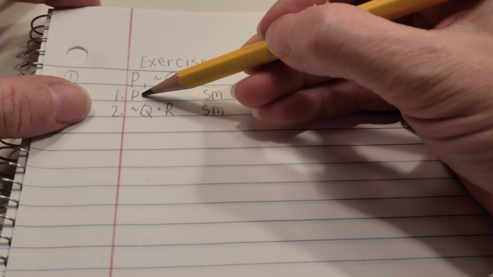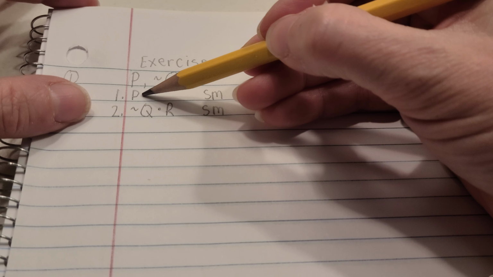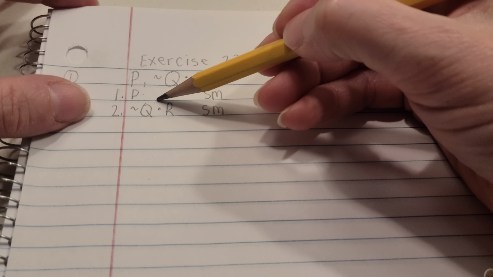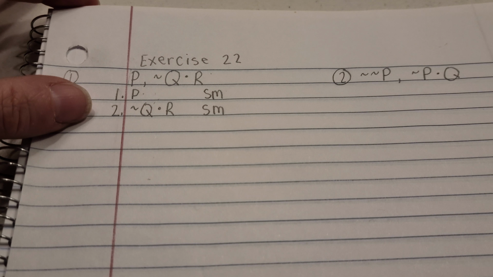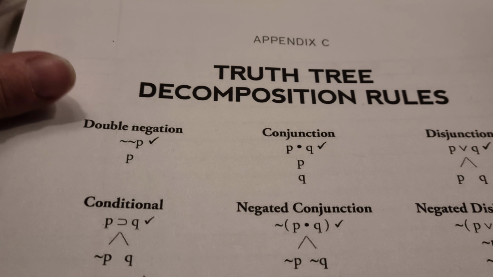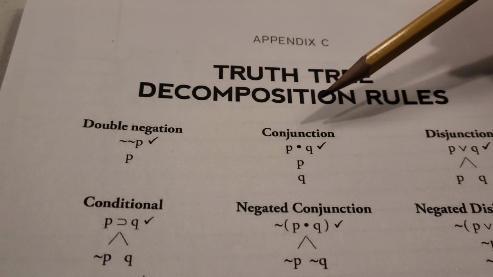Now, P is already decomposed as far as it can go, so I don't have to do anything with it. Number 2 is not decomposed, and that's what I'm going to have to decompose. If we look at our rules over here, it is a conjunction, so we're going to follow our conjunction decomposition rule.